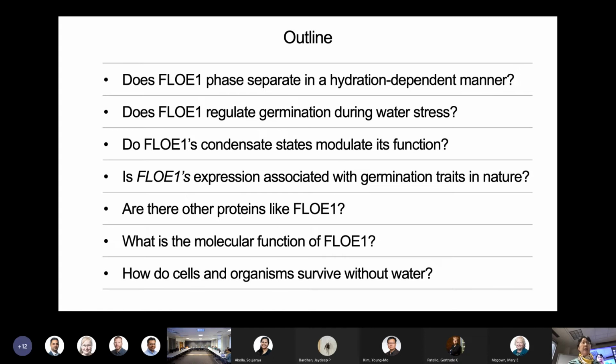And we asked whether this protein is involved in seed germination and whether that seed germination is affected by drought or water stress. And we also asked whether the different states of FLO1 protein can modulate its function during germination. And then whether its expression is associated with the germination traits in nature across different ecotypes.